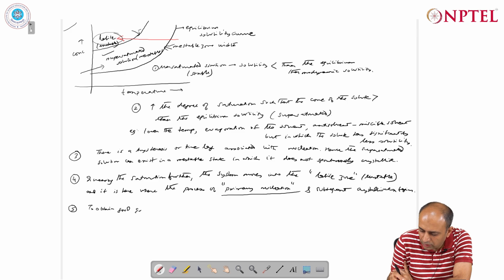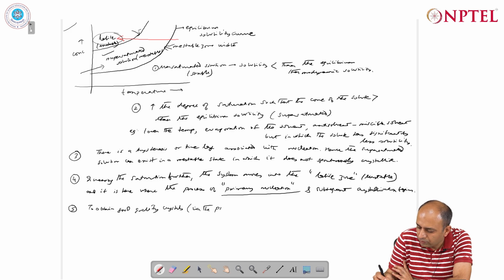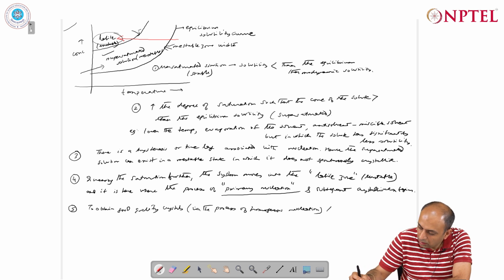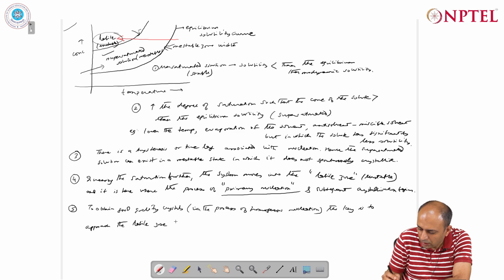To obtain good quality crystals via the process of homogeneous nucleation, the key is to approach the labile zone as slowly as possible.